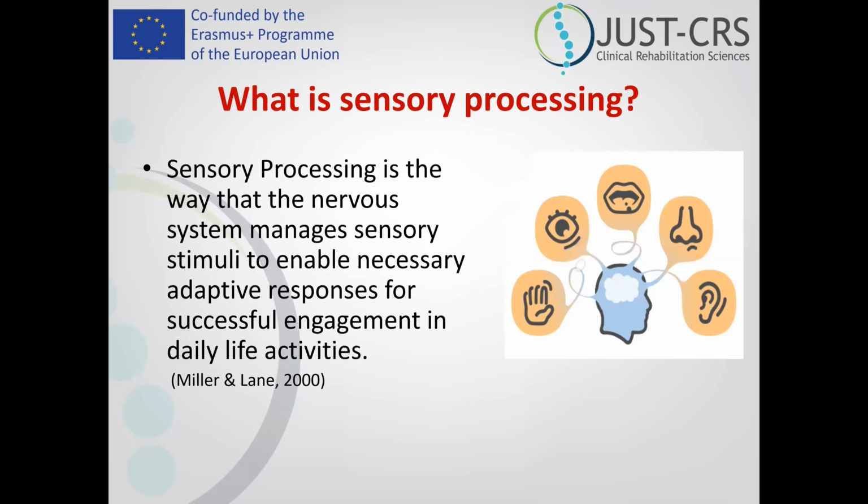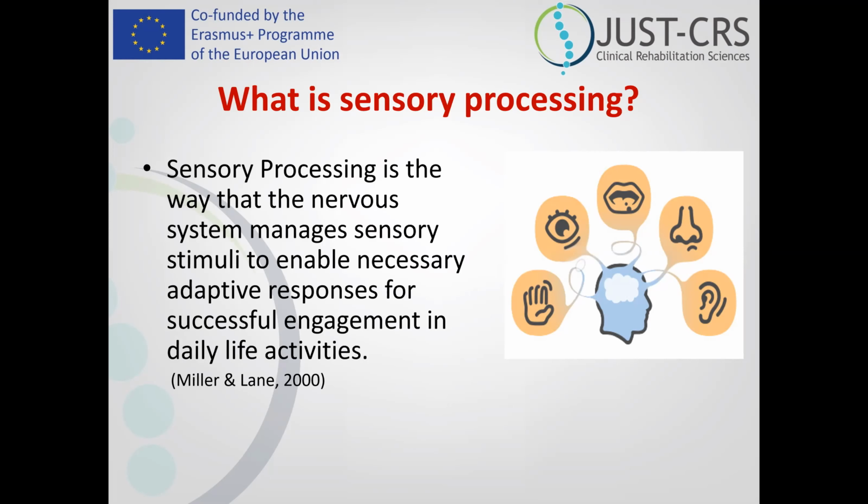I'll begin with an introduction about sensory processing. Sensory processing is the way the brain processes sensory information in order to provide output or responses. These responses can be behaviors or motor outputs, anything that shows that we are responding to this sensory input.